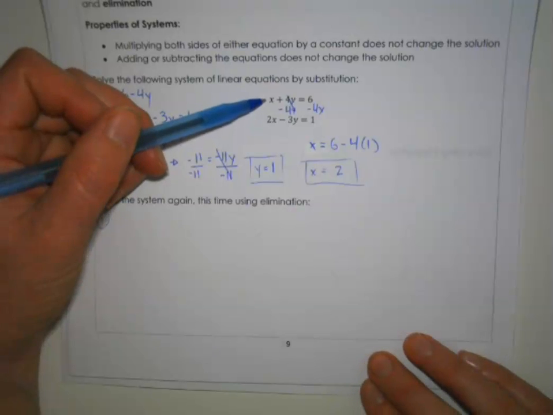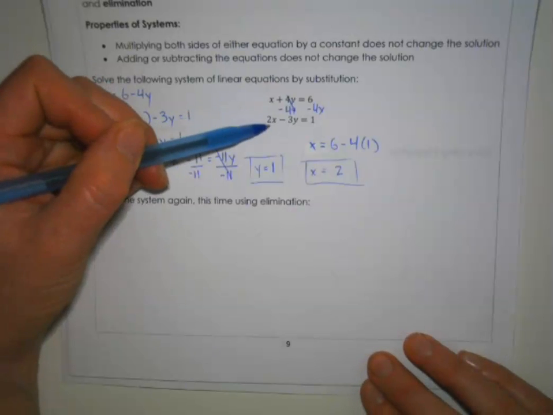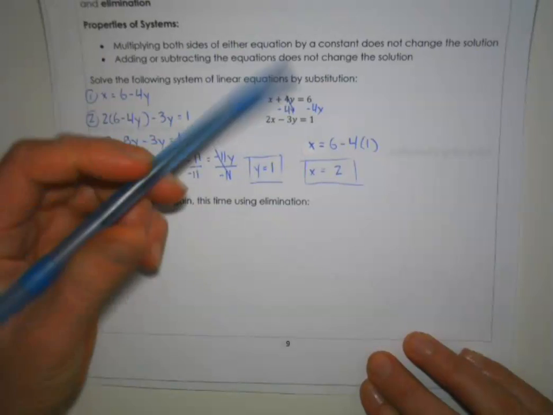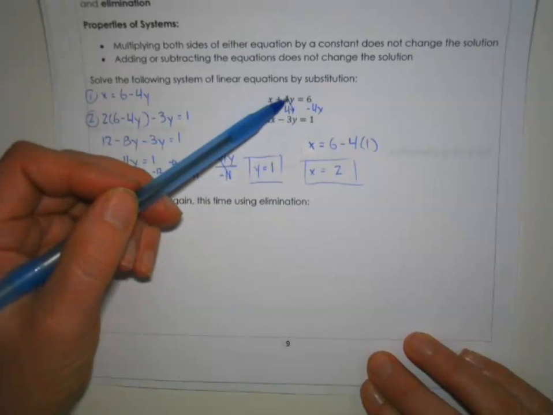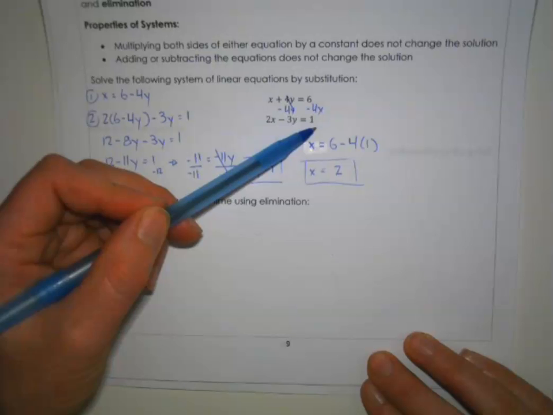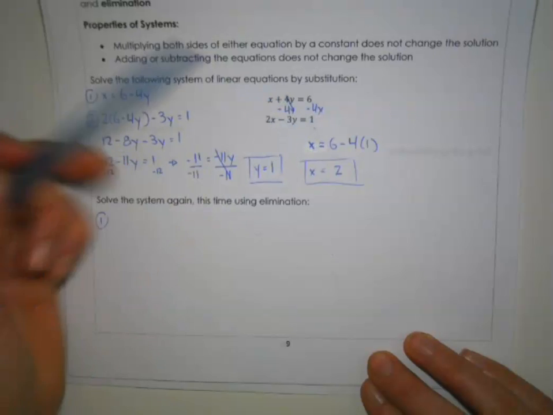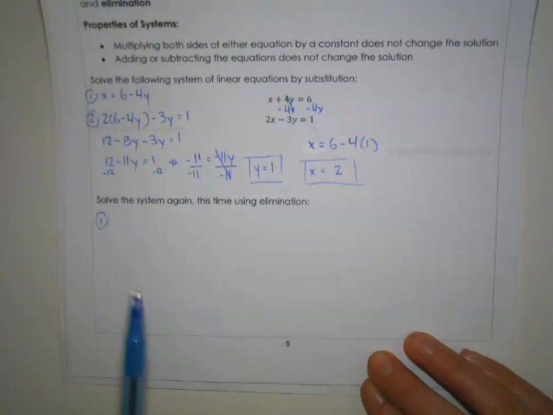So like if we had negative 2x plus 2x, those would cancel out. Then we would be left with the y terms and the numerical terms to combine. And that would lead us to a position where we could solve for y the way we did in the first one.